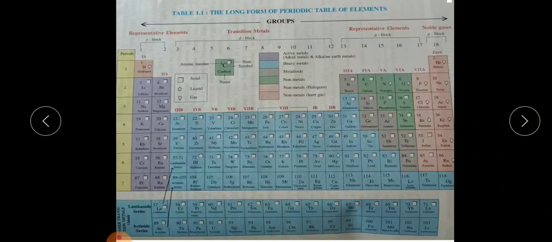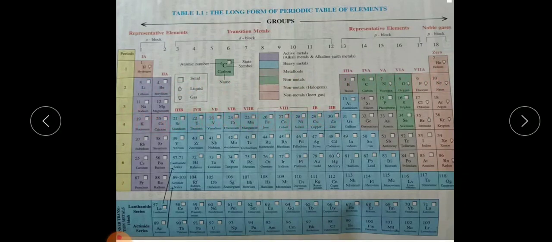That is the general idea about the groups. Now we have 7 periods. The first period contains only 2 elements, hydrogen and helium, so it is known as the shortest period. Next is period 2, known as a short period as it contains 8 elements.